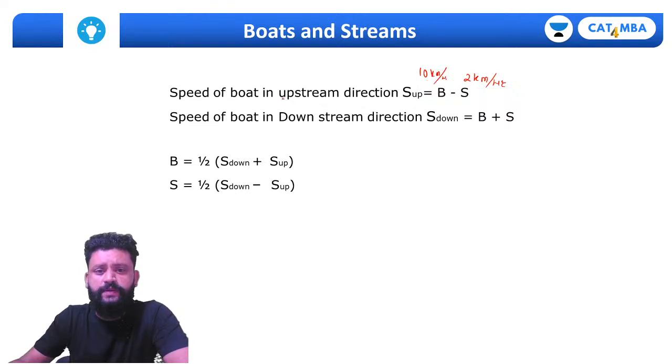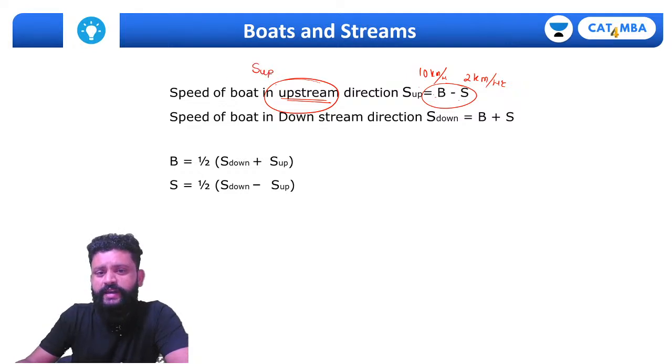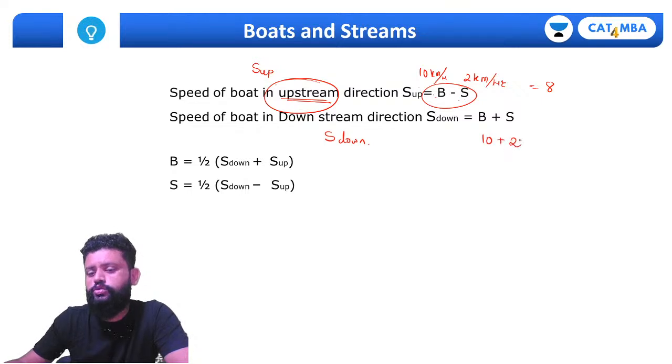Of course if the person is moving in the upstream direction, the relative speed will be b minus s, that is speed of boat in upstream direction will be 8, and speed of boat in downstream direction will be 10 plus 2. Downstream direction में जाएगा, so definitely flow of the water will also support him to move ahead. So downstream speed will be 12 km/h. That's simply the concept you need to understand.